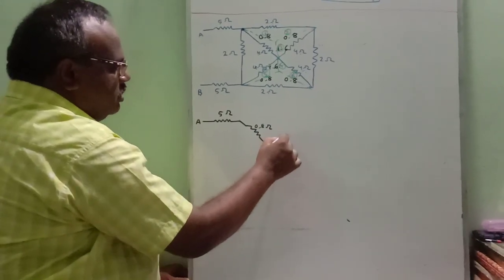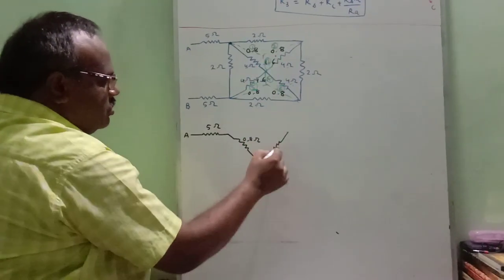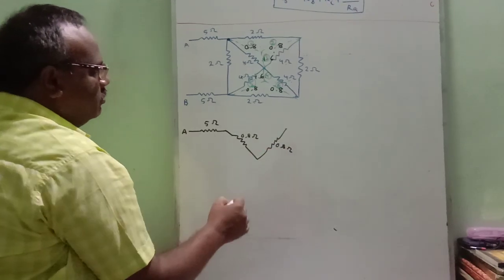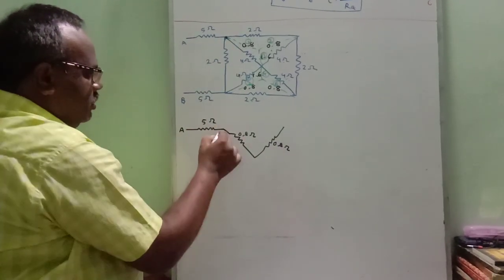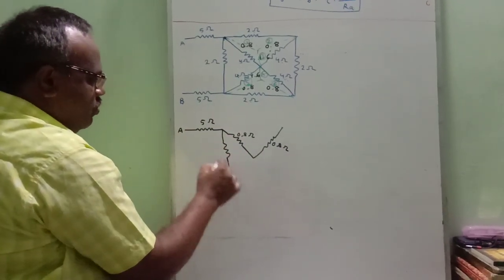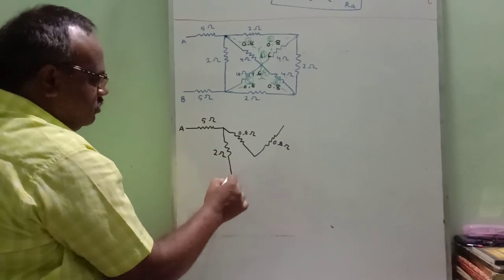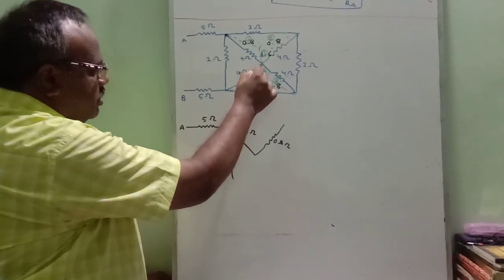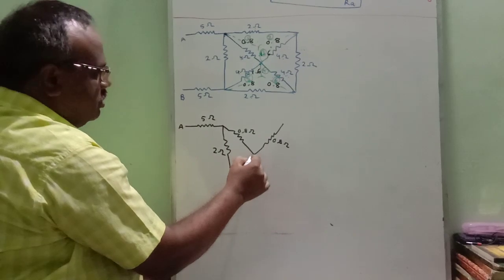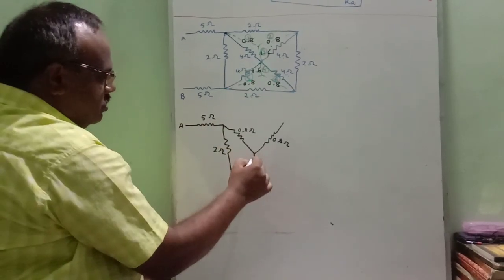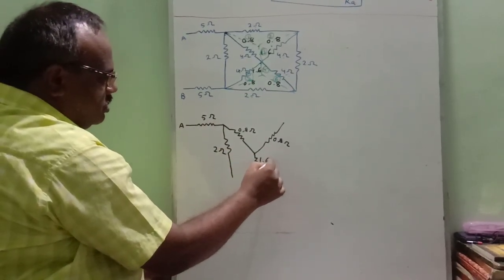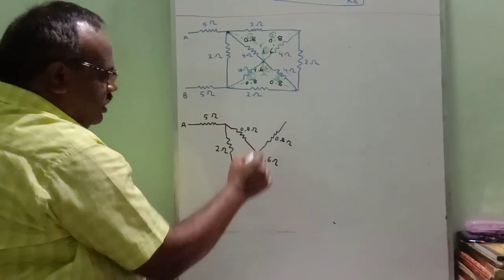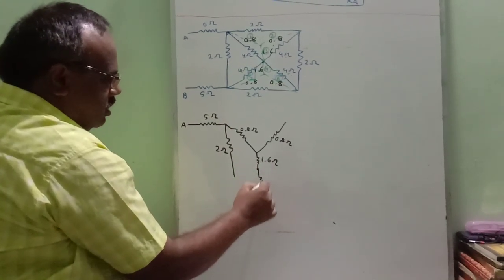From this point, this is 0.8. From this point, there is 2 ohm. From this point, 1.6. From this point again 1.6.